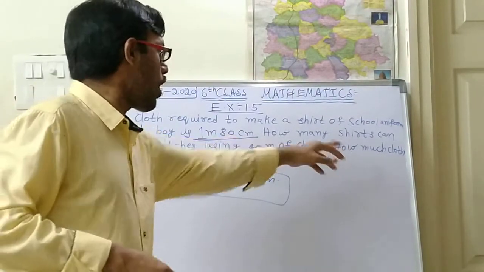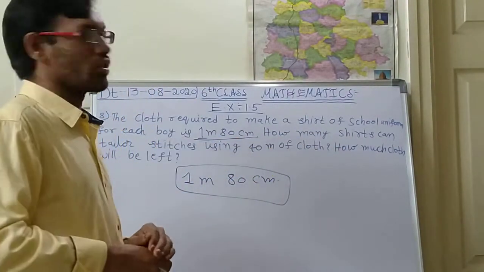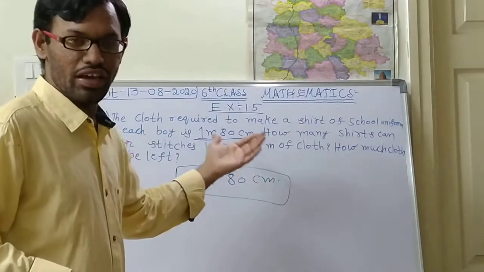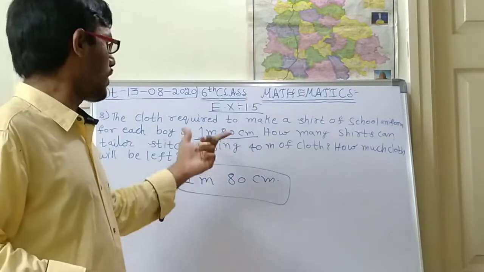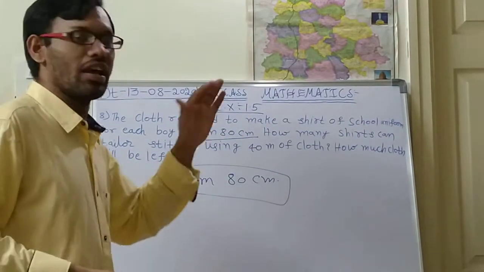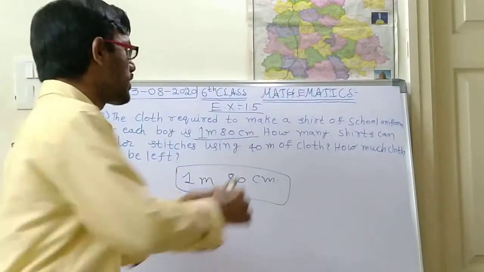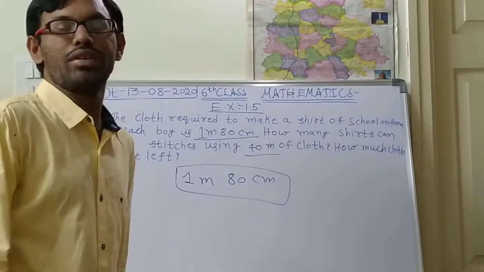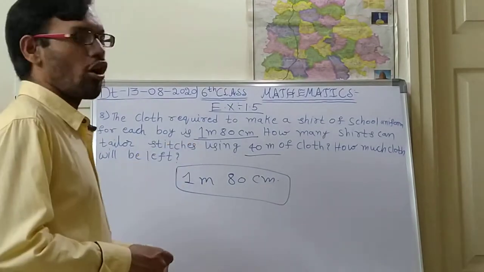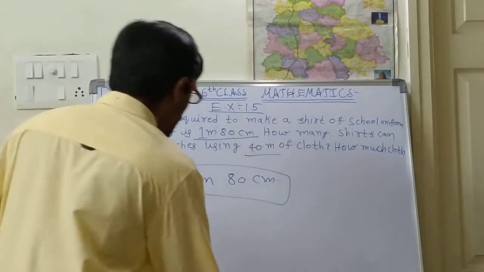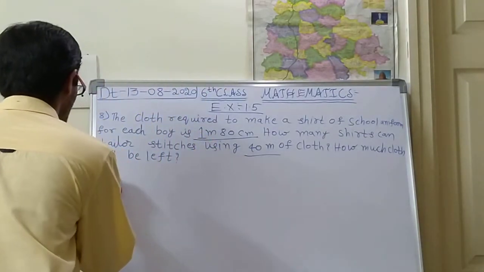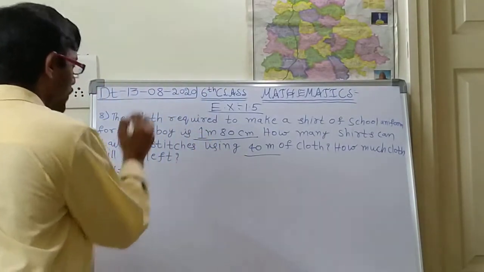And one more thing, how much cloth will be left over? First of all, how many meters of cloth does he have in total? That is 40 meters. So first start the solution like this.